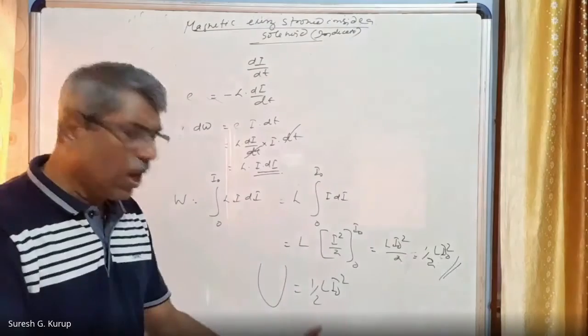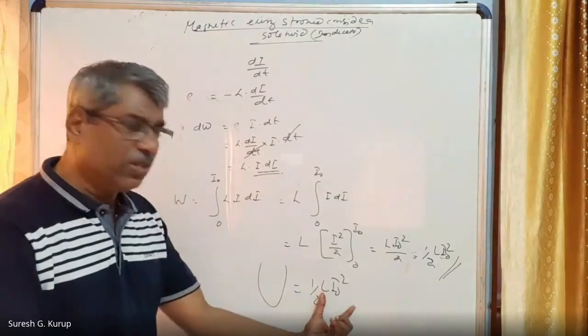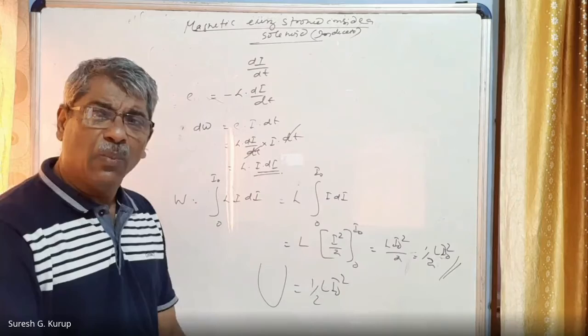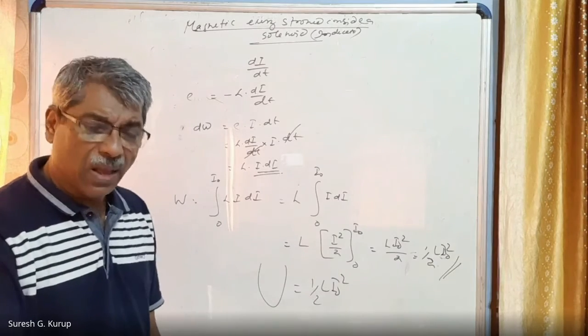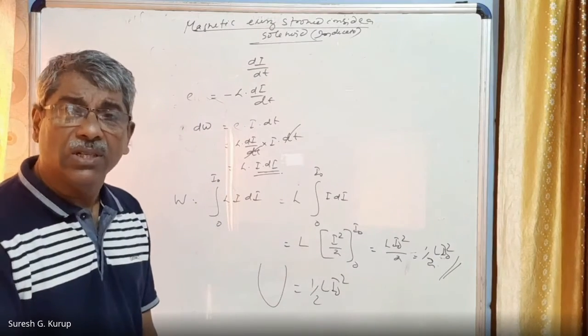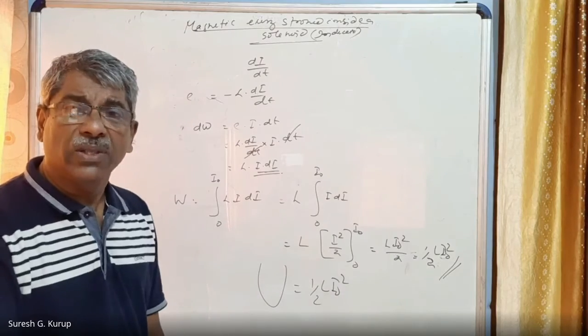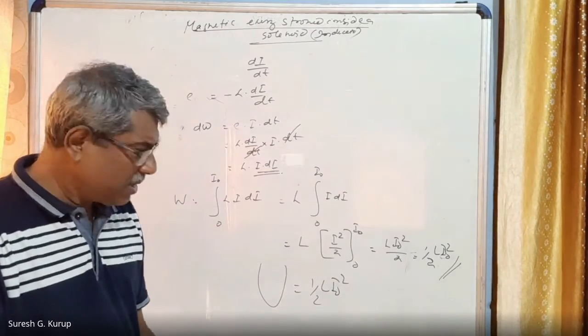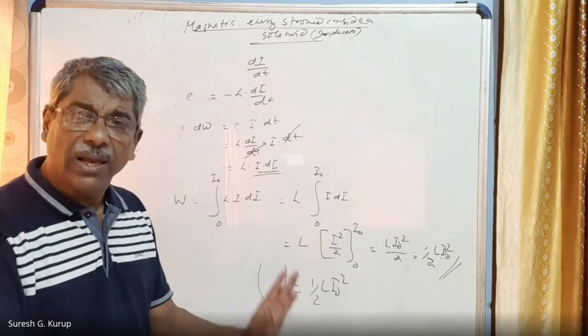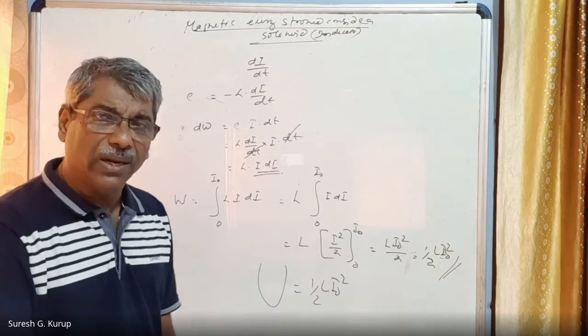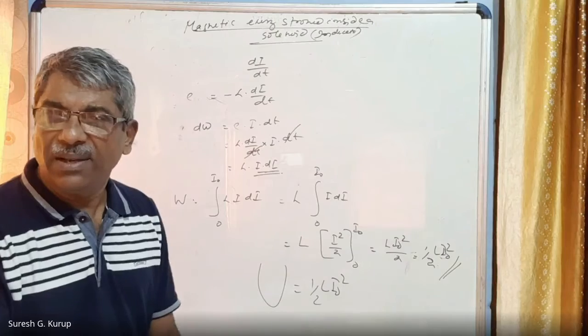Always half. Actually, the value is L I0 square, but some value of the energy is always lost. I used to say, speaking holistically, that nature always takes a tax, right? So we have created L I0 square, but half is taken by nature as tax.